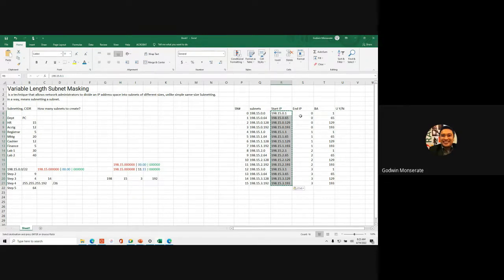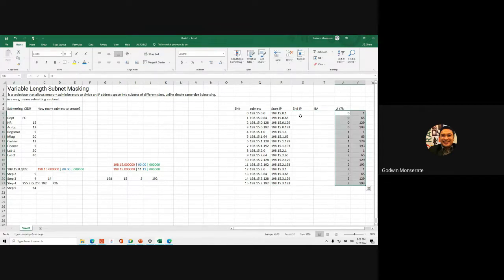The last time, what I taught you was all about finding the number and changing it. Control H, find and replace is what I taught you. This time it is all formula. So this will be 62.